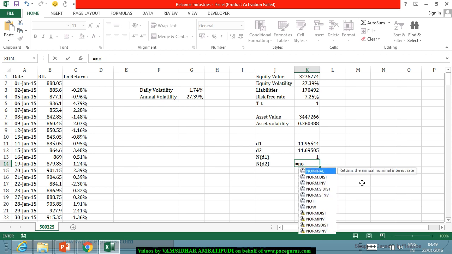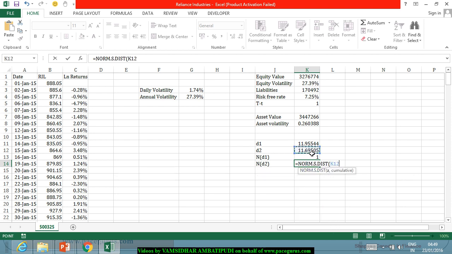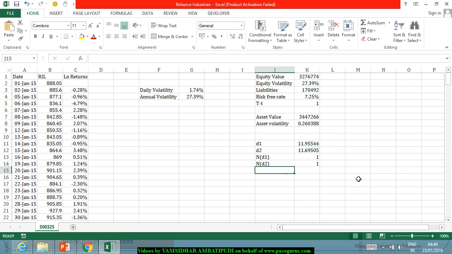But that is not necessary in all cases, because here the value of the equity is quite high compared to the value of the debt. I don't see any chance of the firm defaulting at all. This is the reason I see ND1 to be this much, ND2 to be this much, and based on this I can get the value of the equity.